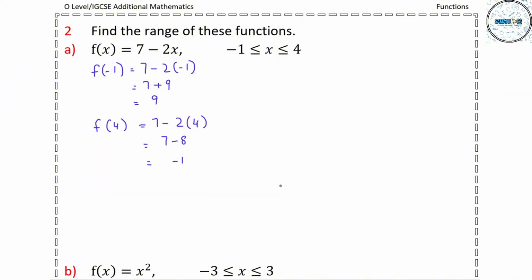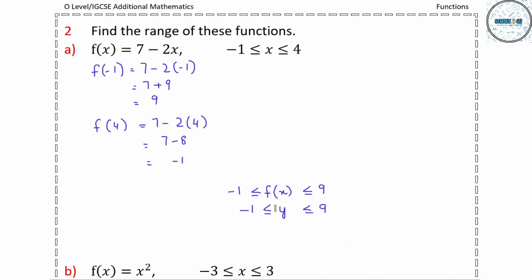So we can write the range as f of x is greater than or equal to -1 and less than or equal to 9. Here we have to write the smaller number and here we have to write the greatest number. We can also write it as y is greater than or equal to -1 and less than or equal to 9.